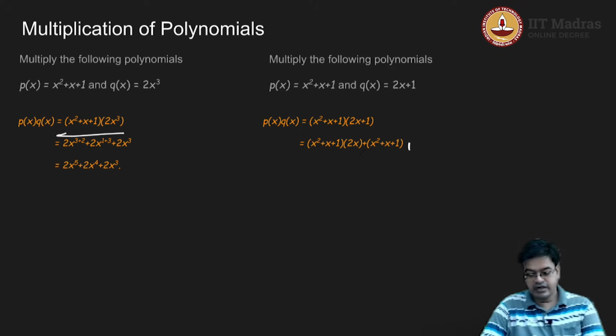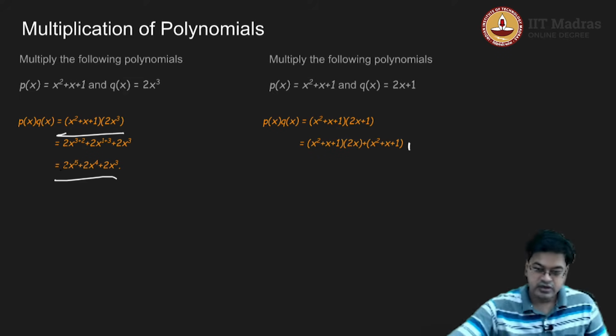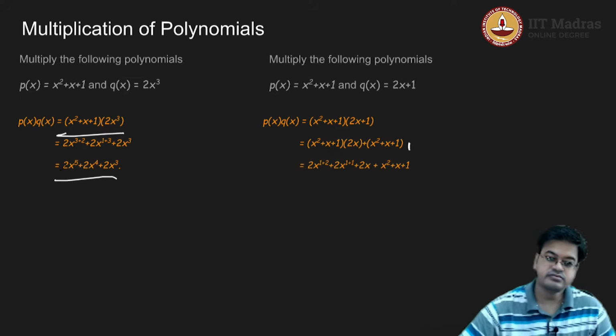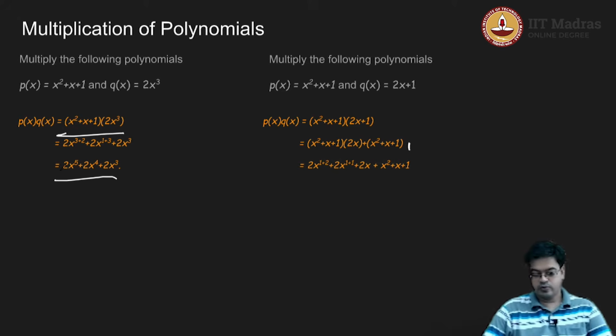Now I will multiply this 2x with all the terms of p(x), x square plus x plus 1, which is similar to this particular thing. So I will get 2x raised to 1 plus 2, x raised to 1 plus 1, 2x, x square plus x plus 1. Now the job is very simple.